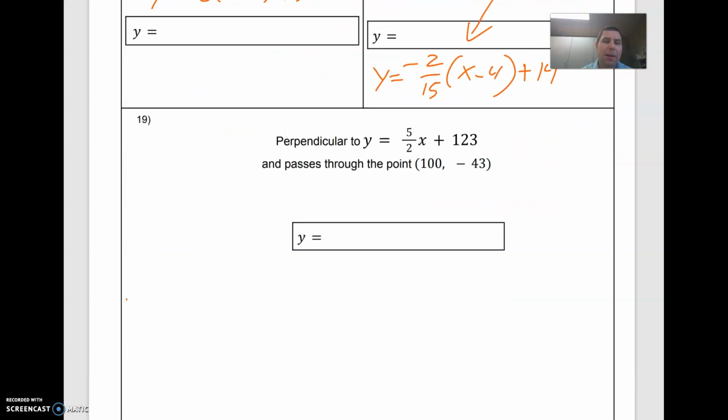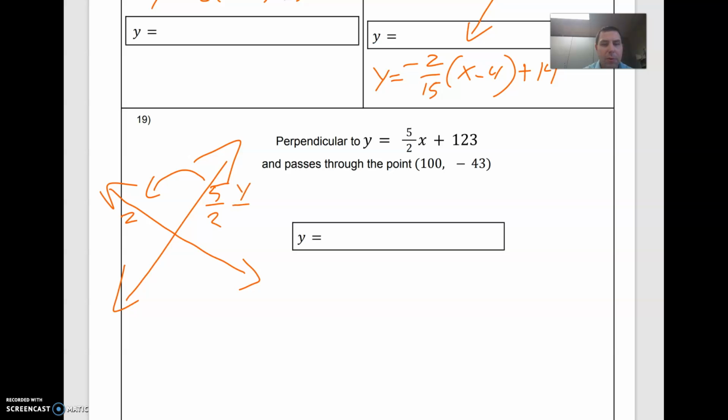So remember, perpendicular lines intersect at a 90-degree angle. And the reason why is related to their slope. If this slope is 5/2, the same slope is going to be applied, but it's going to be rotated, which means that what was once the y value is now going to become the x value. What was once the x value is going to become the y value. So the slope switches.